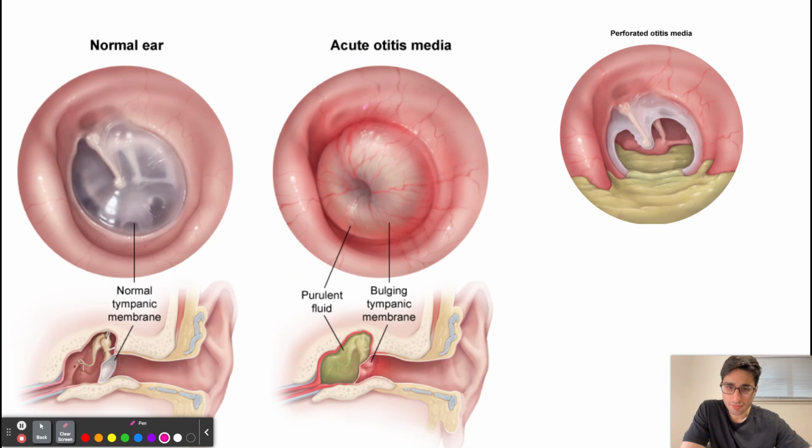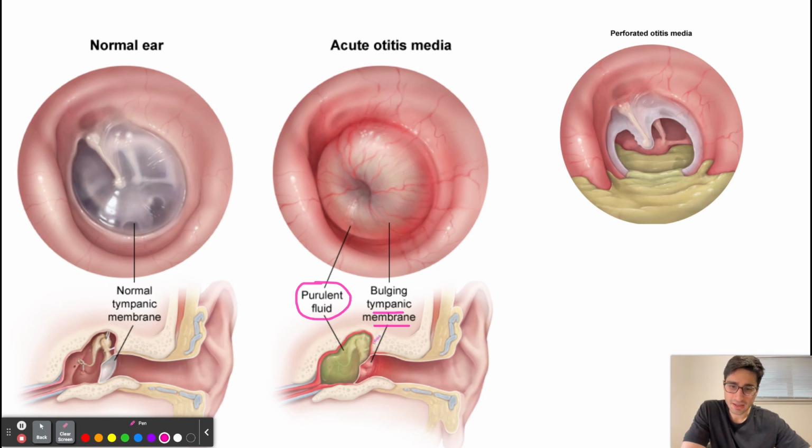Now, as you can see from this picture, we have this purulent fluid that has built up, and this purulent fluid then puts pressure on the tympanic membrane. So when we look at the person's ear through otoscopy, we see this bulging tympanic membrane because the purulent fluid that has built up is pushing on that tympanic membrane.